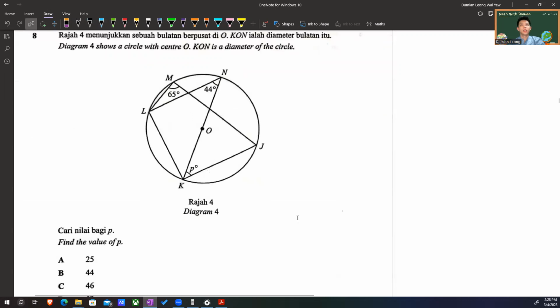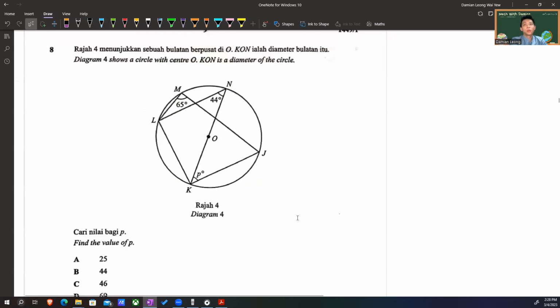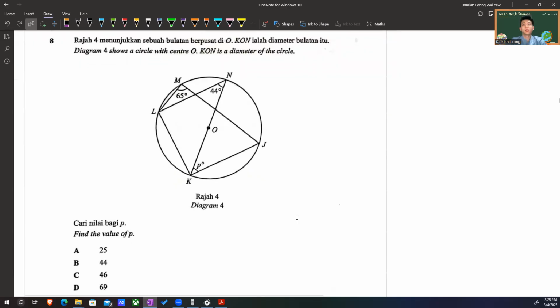Question 8. I have a circle here, center O, KON is the diameter of the circle. I want to find P. First, let's look at this triangle LKN. KN is the diameter. When you form a triangle with one side the diameter, the angle opposite the diameter will always be 90 degrees when it's on the circumference.